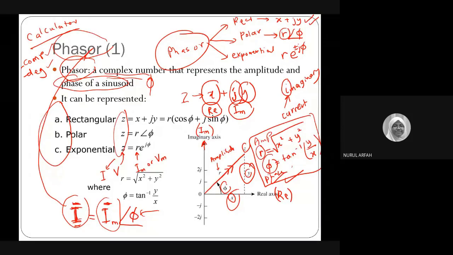I am going slowly because this is very important. How you read this phasor form, then you can answer your question later on. But if you cannot understand this phasor form, then it's quite hard to answer your question.